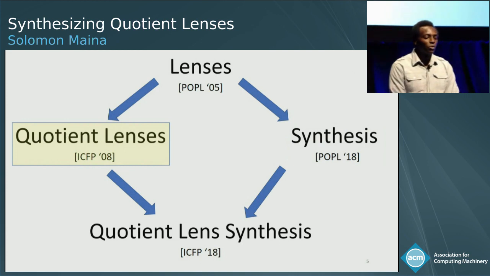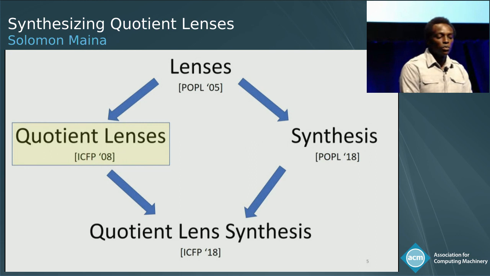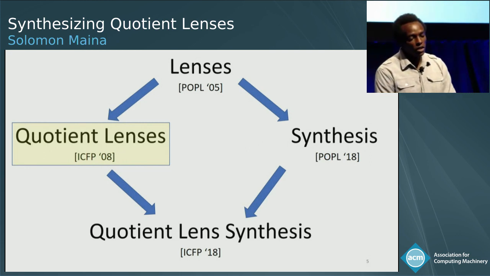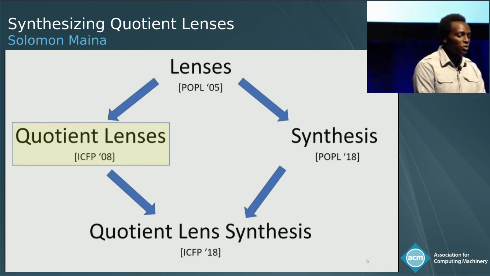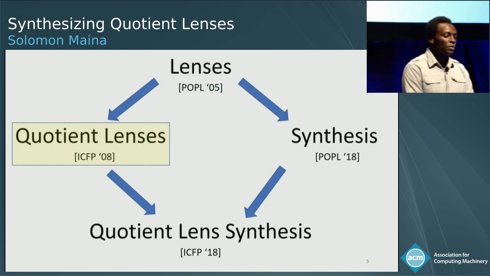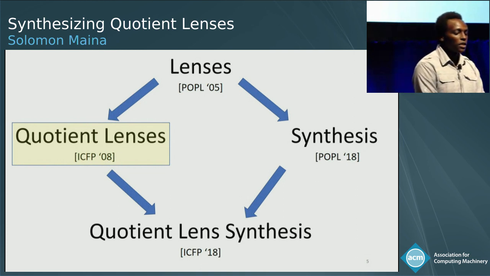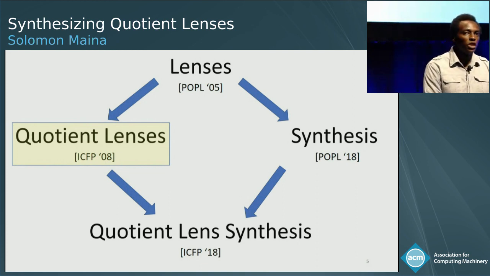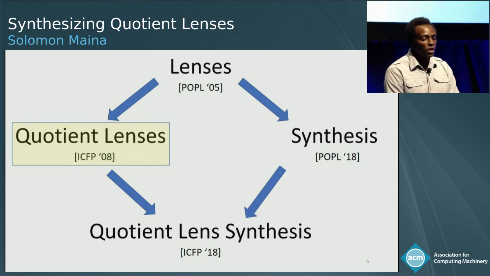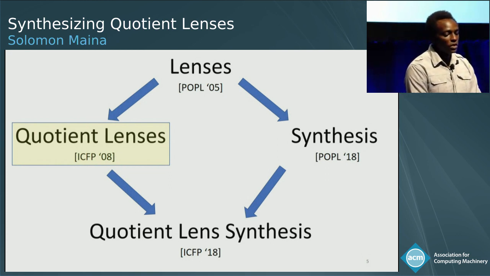But transformations in the real world are not always bijective. So, for example, if you're considering a transformation that maps between data in JSON formats and XML formats, you may wish to define the same behavior for two JSON records if they differ on the order of fields, for example.